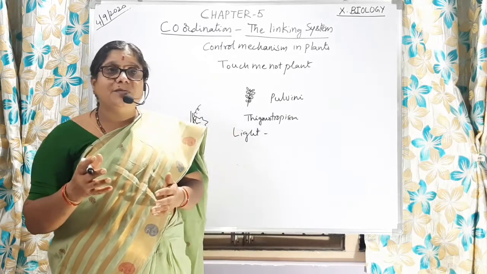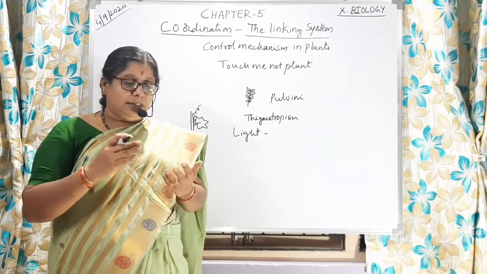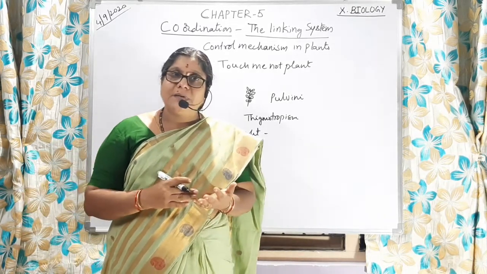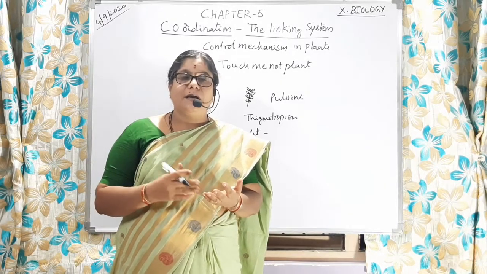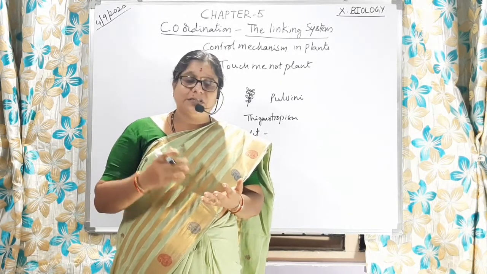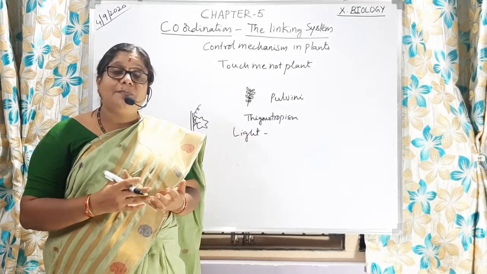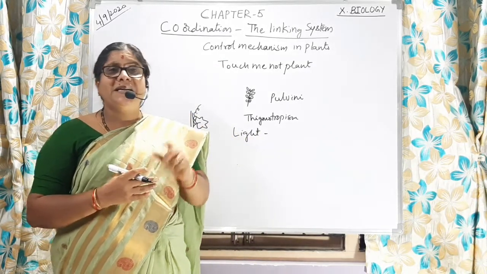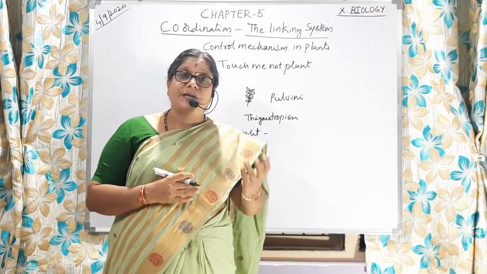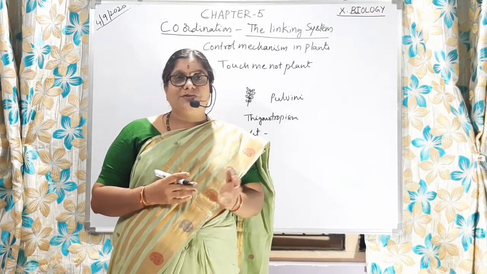In higher animals, we observe the nervous system. For example, in the human body there is a well-defined nervous system, and an endocrine system, which help in bringing control, coordination, or showing response to different kinds of stimuli.